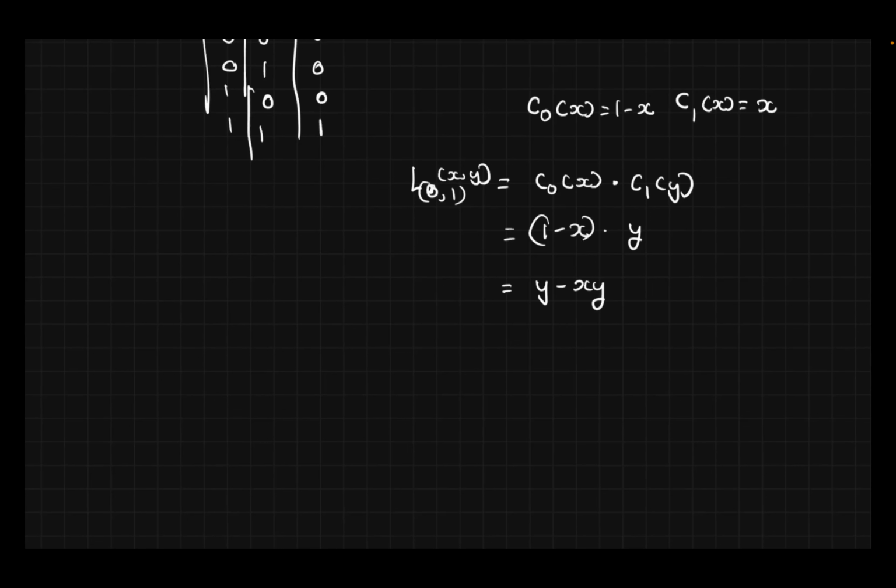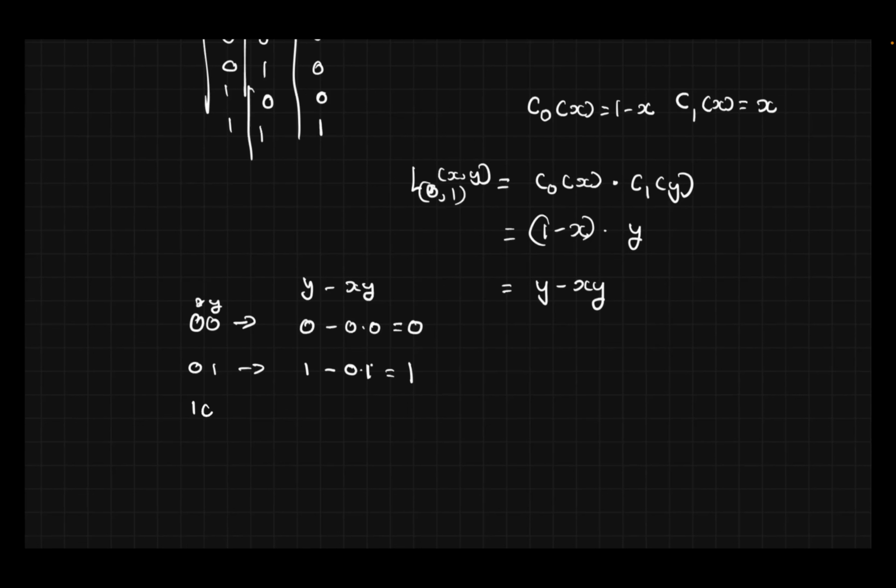So let's test it out. If you evaluate at 0, 0, this is xy, by the way, this is 0 minus 0 times 0, right? Which is 0. If you evaluate at 0, 1, this is 1 minus 0 times 1, which is 1.